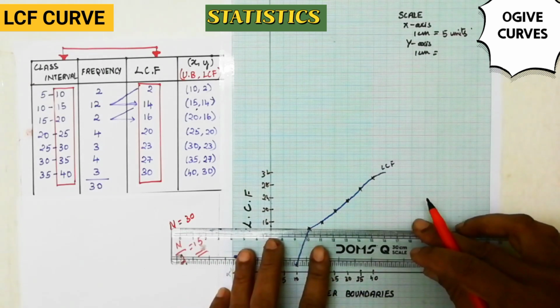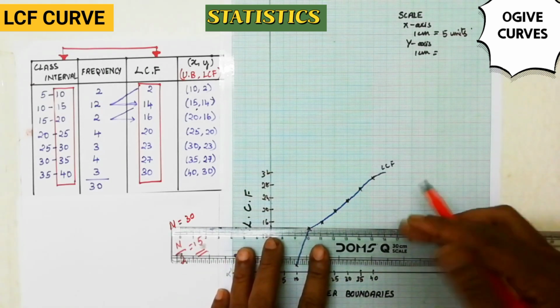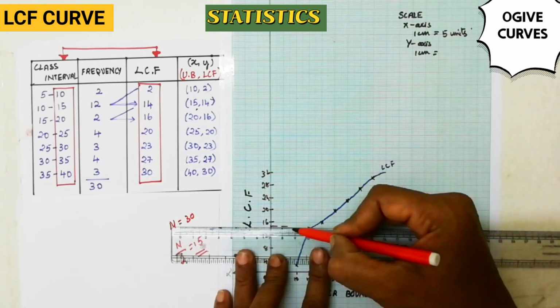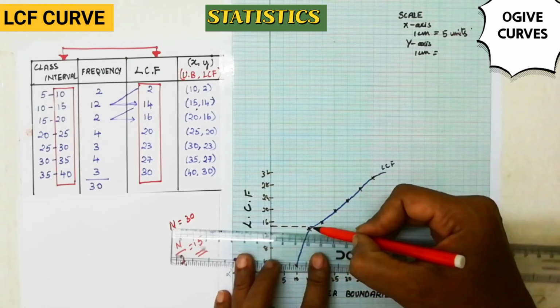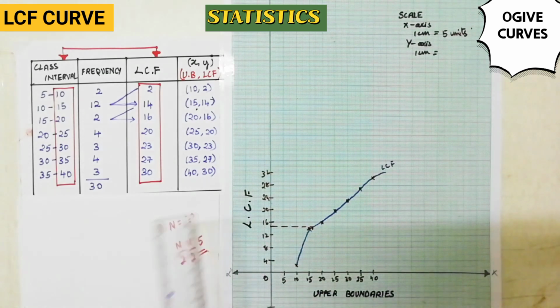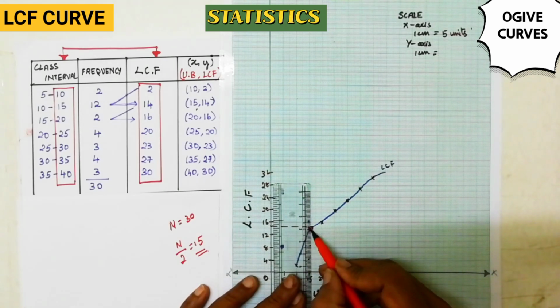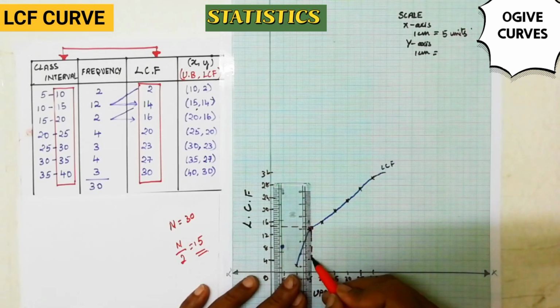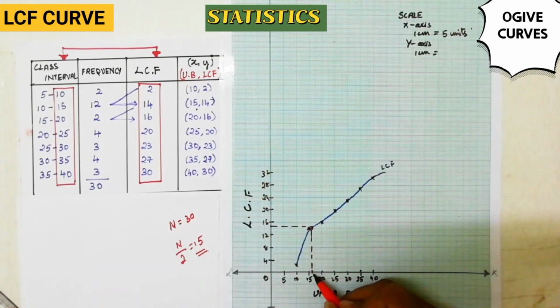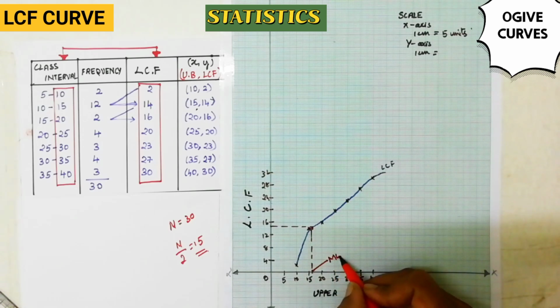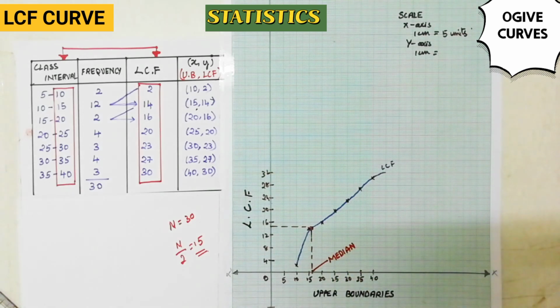So take the value 15, draw a dotted line, touch the graph and drop it down. It is a small value greater than 15. So this becomes your median value. It's very important.